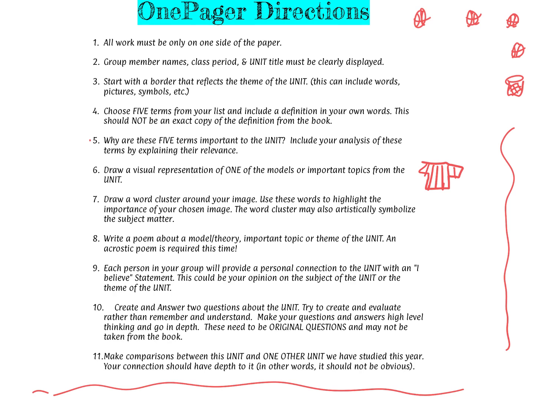A word cluster would be like, I don't know, b-ball, foul, whistle, whatever terms could explain your image. Number 8 says to write a poem. An acrostic poem is one that goes up and down like that, and then round, whatever, right? That's what an acrostic poem is.